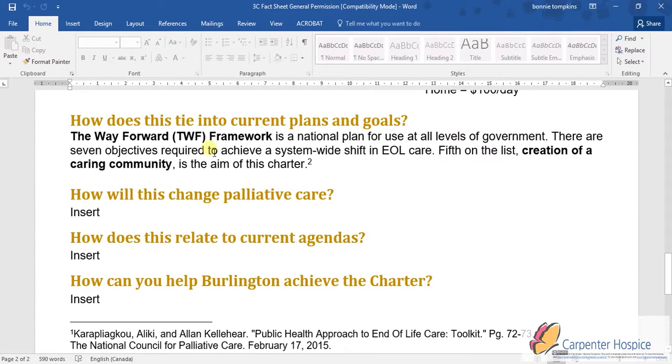And 5th on the list is the creation of a caring community. So perfect, the charter fits into that. So certainly I always highlight this. No matter what organization I'm working with, I highlight it so that they understand palliative care is of interest to the federal government. And here's how you can help out with that.